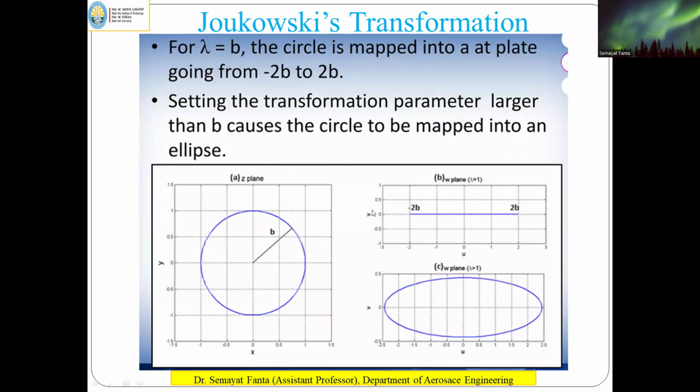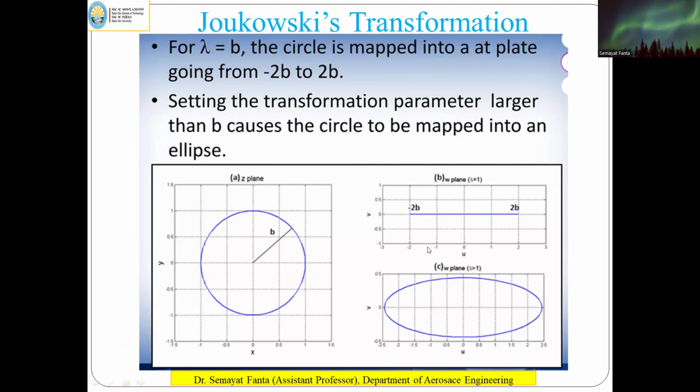On the W plane, we can see a plate, simply, which goes from minus 2b to plus 2b. And when we set the transformation parameter larger than b, that is lambda greater than b, it changes the shape into an elliptical shape, which causes the circle to be mapped into some elliptical shape. So this is the transformation.